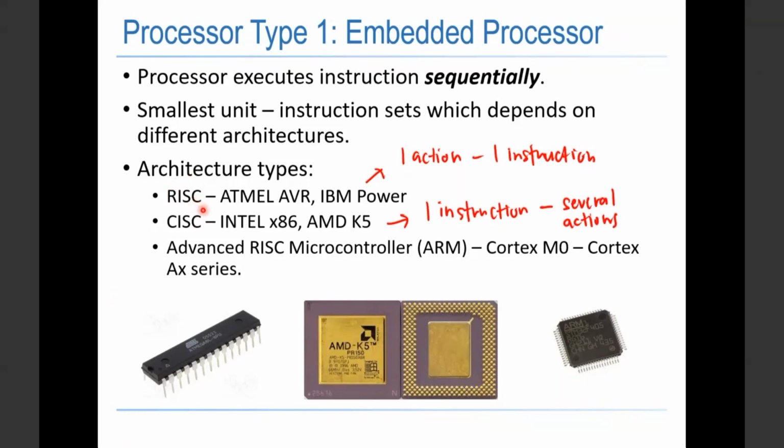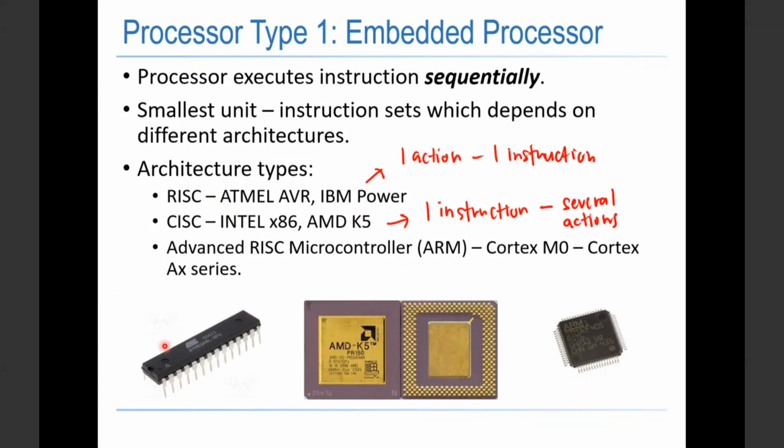So that is the difference between CISC and RISC. The examples of CISC are the Intel x86 and the AMD K5. These are examples of CISC architecture, which is widely used in your computers, in your laptops and so on.